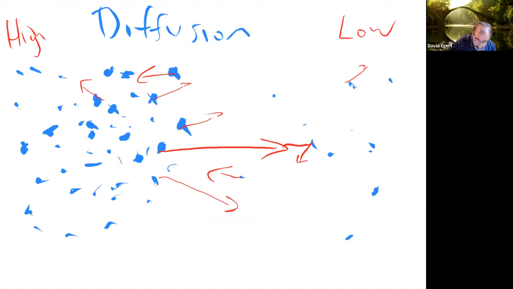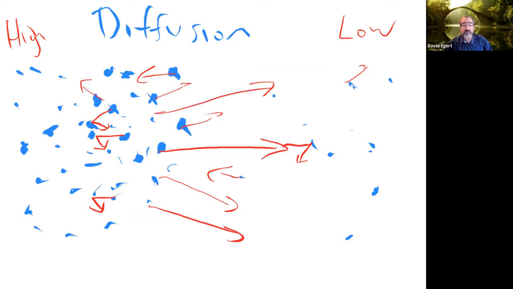If you are trying to go the other way, boom, you are going to hit something and end up shifting your direction pretty quickly, because you don't go very far before you whack into something. But if you're going this way, you go much farther before you run into something. So the net effect is a bulk flow from high to low concentration.